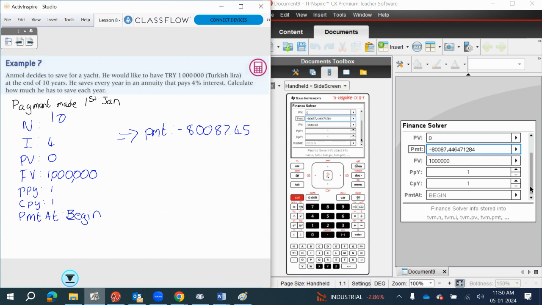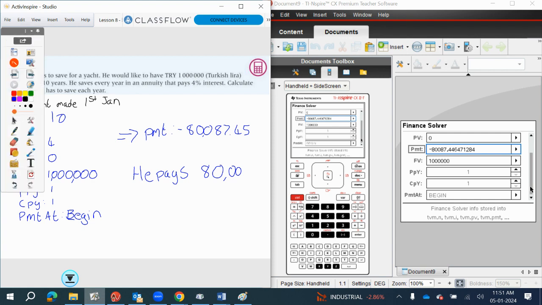You'll get a negative answer. Always give your answer as a positive. So if you're getting a negative coming out of your finance solving, it's always a reason that the payment he makes, so always answer with some word. He pays, he saves 87.45 every year. How much he has to save each year?